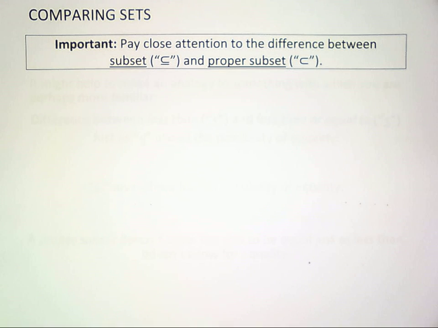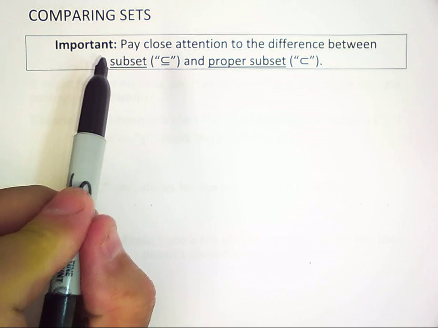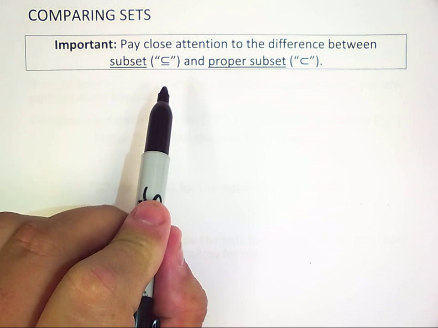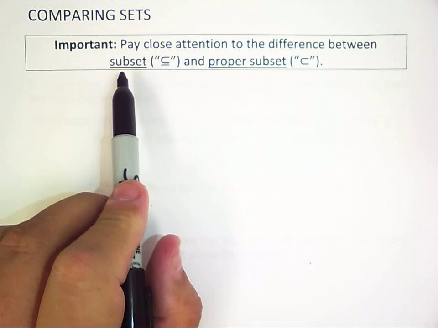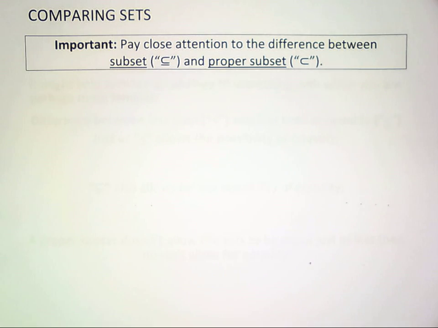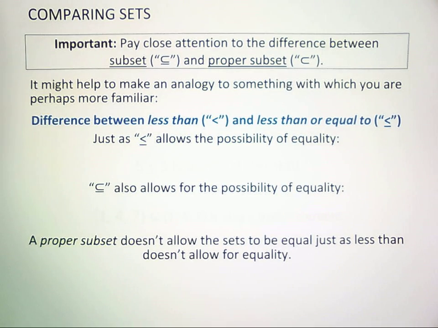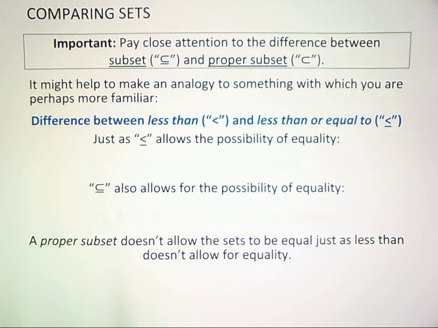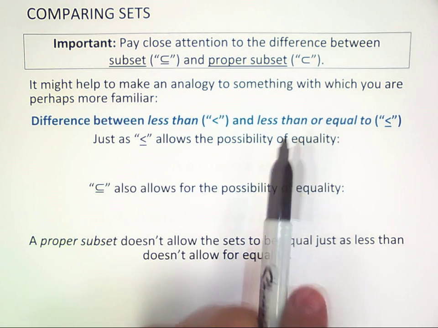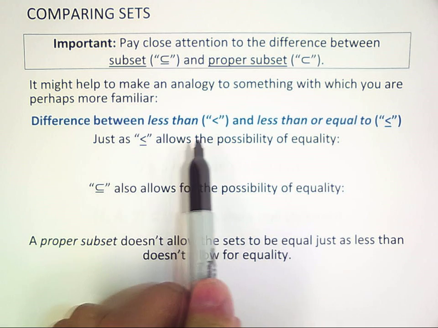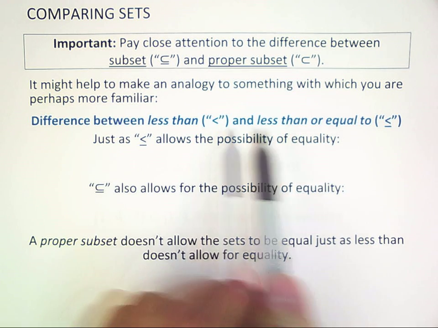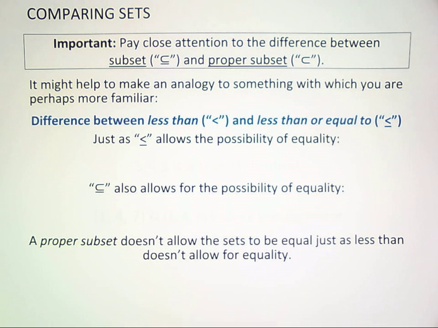Before I leave that topic, I want to say one more thing about it, and that is you need to pay really close attention to the difference between those two things. Regular subset, which we just say subset, or proper subset. And I would suggest maybe an analogy is appropriate here. Sometimes an analogy to something that you're more familiar with can help you. I would compare it to the difference between using the less than symbol and the less than or equal to symbol.